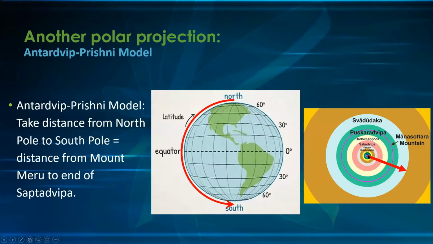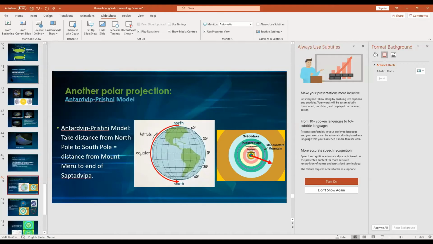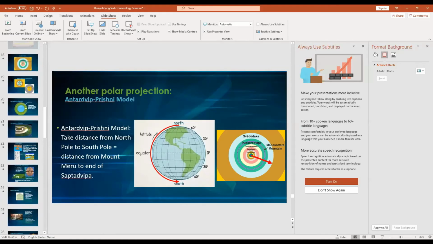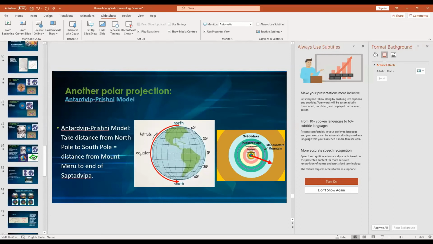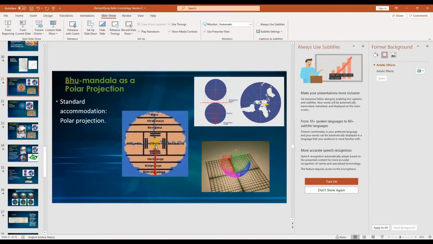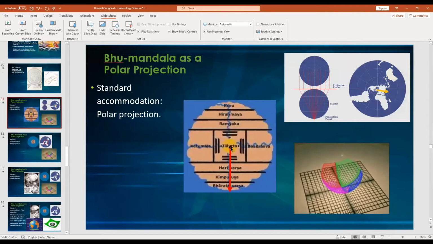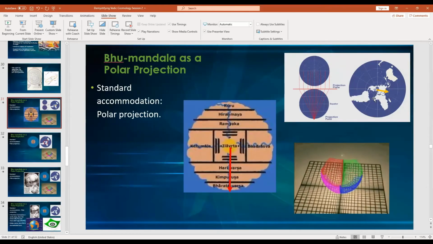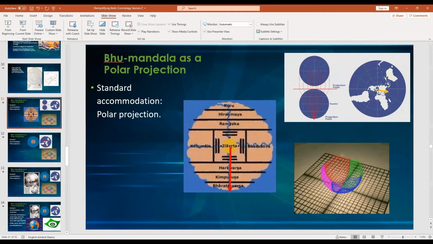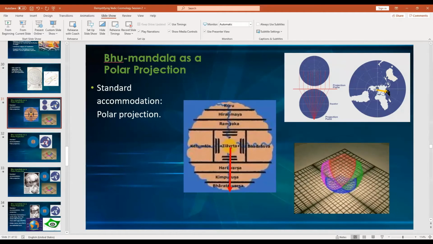And on a previous one, I said, let me take the distance from Mount Meru to Bharatvarsha to be the distance between the North Pole and Kanyakumari.